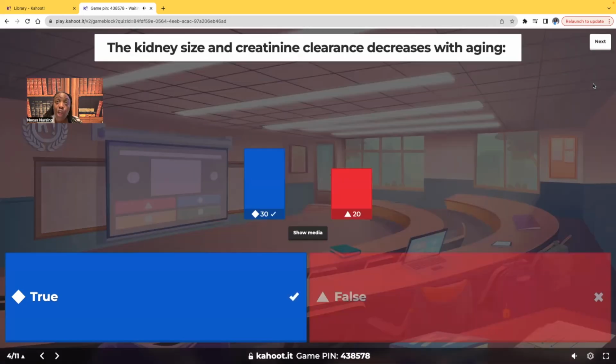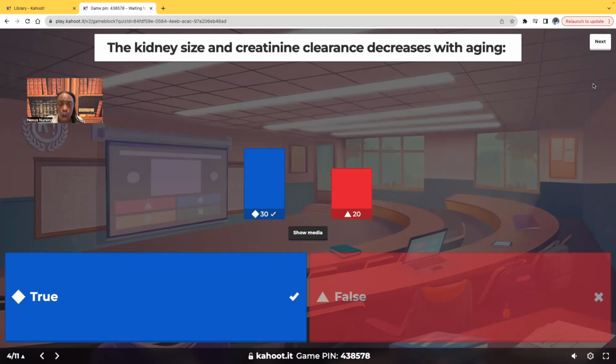True. It's wear and tear on the body, especially when it comes to the kidneys and the liver. It just starts to not function the way that it used to. And the reason we're so concerned about it when it comes to geriatric patients, just like the liver is responsible for metabolizing drugs, the older the patient is, the weaker that liver is, the less the drugs are going to be metabolized, the more that patient's at risk for toxicity.